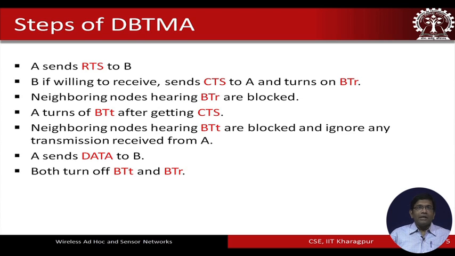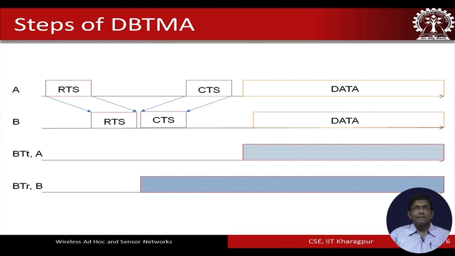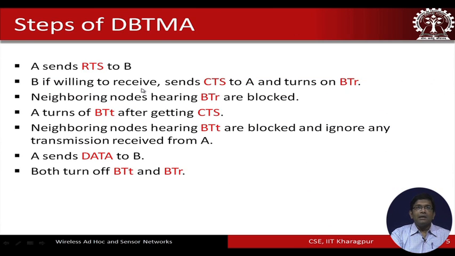Broadly, these are the steps in DBTMA. We will look at the steps and we will look at the figure in the next slide. A sends an RTS to B. B, if willing to receive, sends the CTS to A and turns on the BTR.